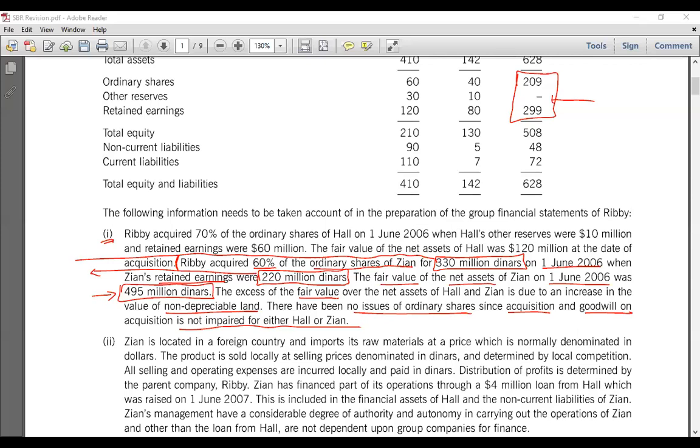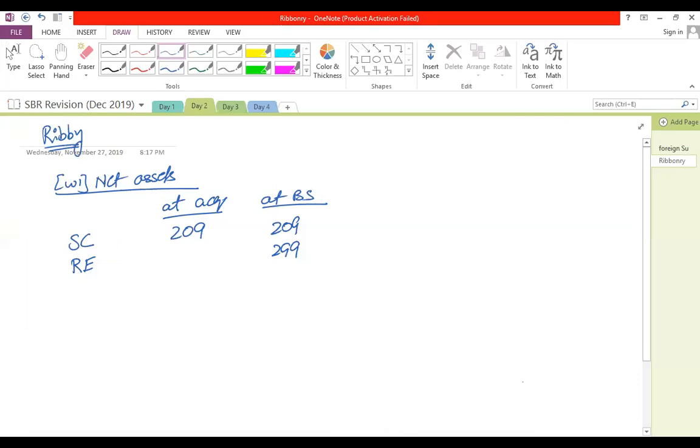At acquisition, the share capital was the same, 209, and the retained earnings were 220. This will give us the carrying amount of the net assets, which was 429 and which is now 508. But this does not include the fair value adjustment so far.